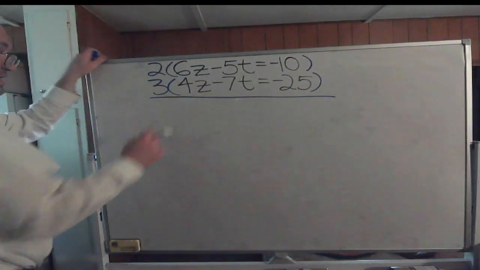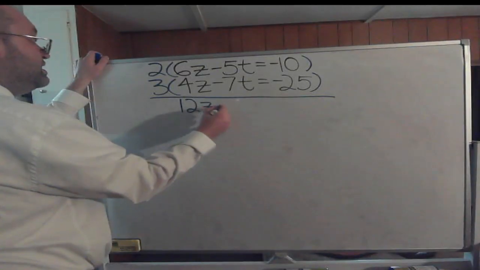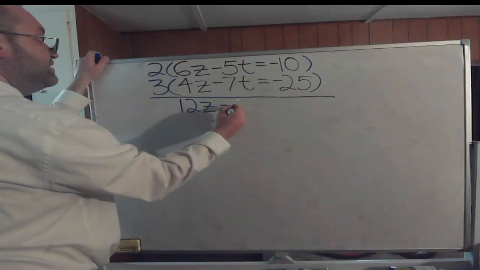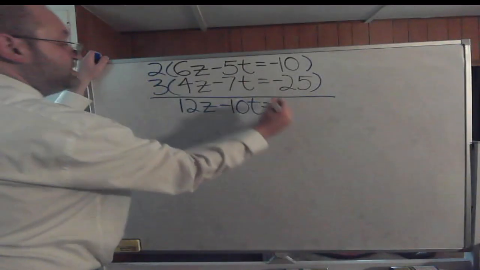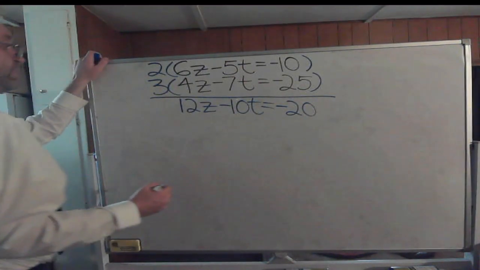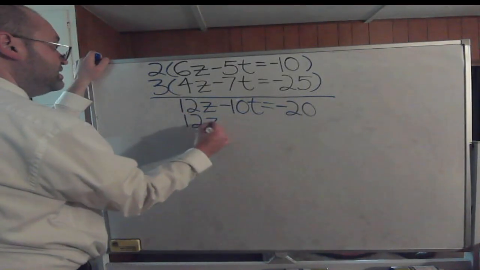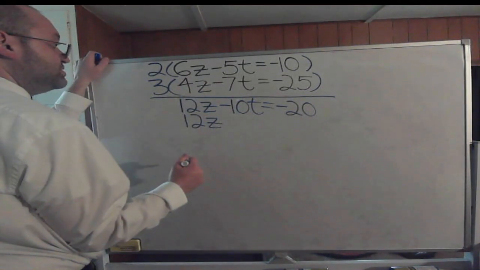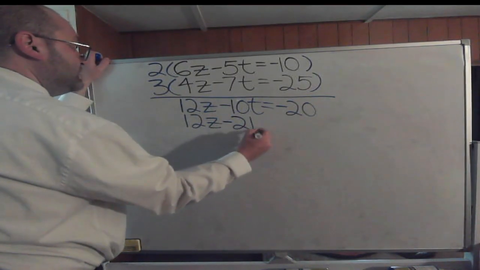So if we do this, 2 times 6z, that'll actually give you 12z. Minus 2 times 5t, that'd be minus 10t. That's going to equal 2 times negative 10, which would simply give you negative 20. Then you have 3 times 4z, that's also a 12z, minus 3 times 7t, that's going to be minus 21t.